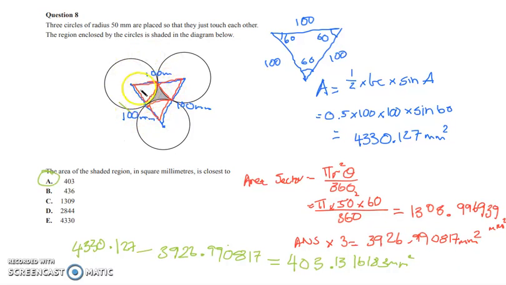Whenever you have circles, use the radius to calculate the length; the key phrase here is that they are just touching each other. So we could work out the length from the centers of the circles, identify that it's an equilateral triangle, use the correct formula for the area of a triangle, and then identify that these are sectors, use the correct formula for area of a sector, and subtract the appropriate values. Hopefully this one helps for your upcoming exams.